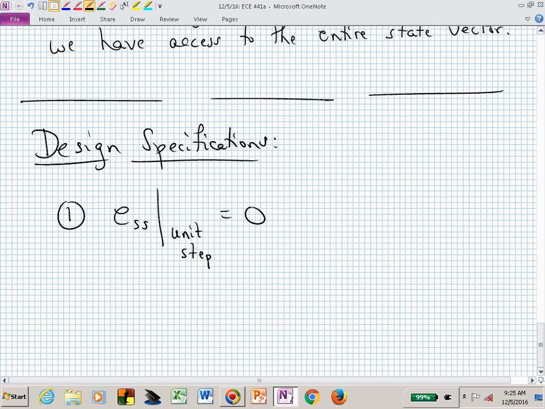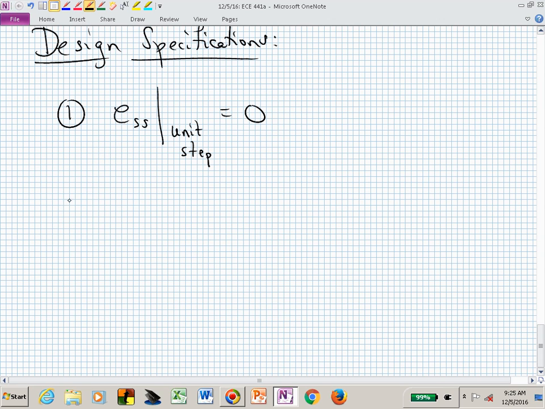And that's kind of a no-brainer in the output feedback as long as we stabilize the system. The second design specification is, let's say that we have a 2% settling time of 1 second, and let's say that we want a percent overshoot of about 5%.